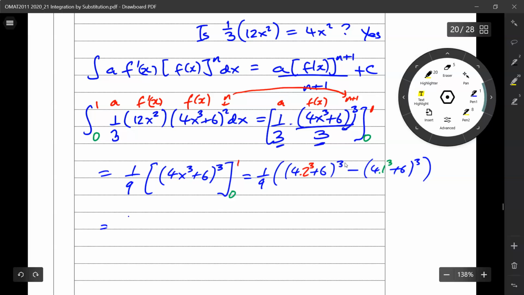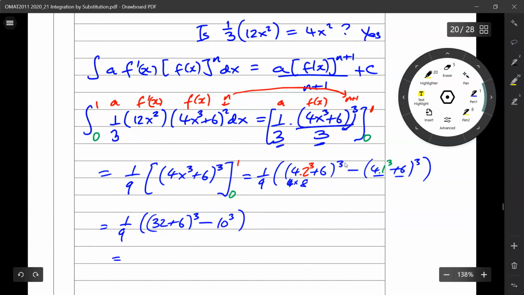So that gives me, if I bring it down here, 1/9 times 2 cubed, which is 8. So it's 4 times 8 is 32 plus 6, cubed, minus, and here we have 4 plus 6, which is 10 cubed.